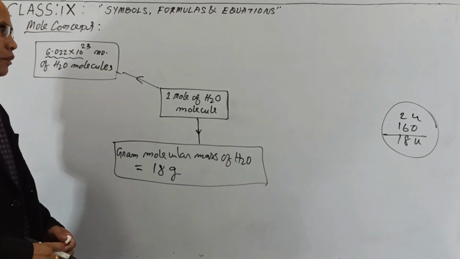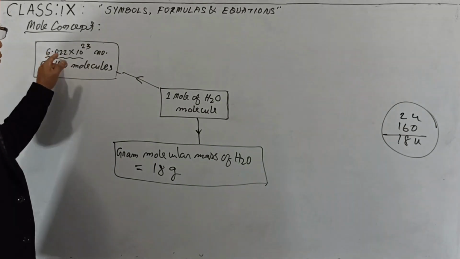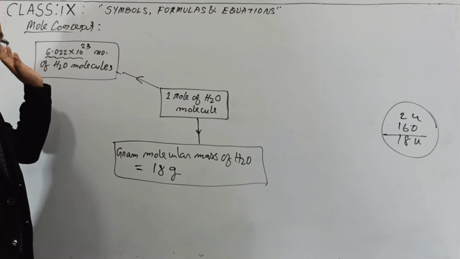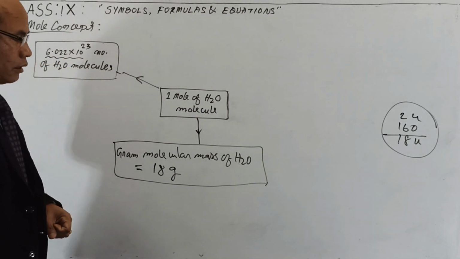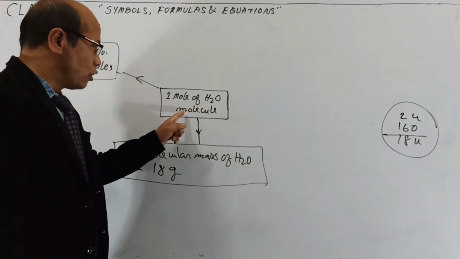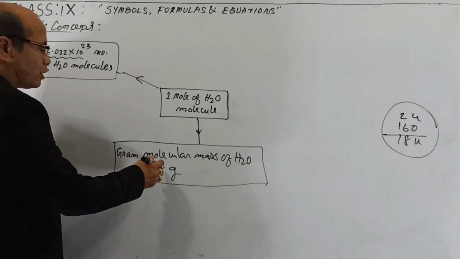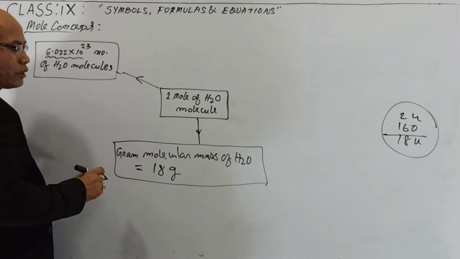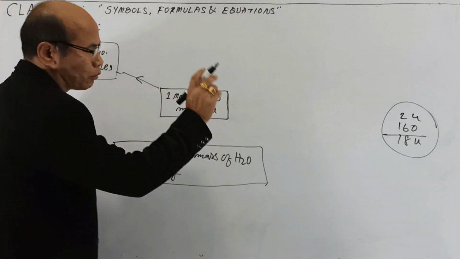Like this, 1 mole of water molecule is equal to 6.022 into 10 to the power 23 number of water molecules, if you want to convert it into number of particles. Molecules are particles. And the same 1 mole of water molecule, if you want to convert its mass into gram, then it is equal to gram molecular mass of water. But you know gram molecular mass of water is 18 gram. So 1 mole of water molecule is equal to 18 gram of water.